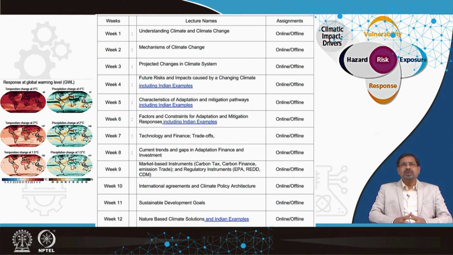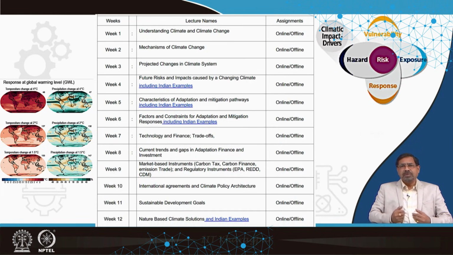In the sixth week we will talk about the factors and the constraints for adaptation and mitigation responses, and the next week, that is the seventh week, we will come to the technological aspects. In terms of technology, we have the CCUS or CCS, which we talk about often, carbon capture, utilization and storage technology.